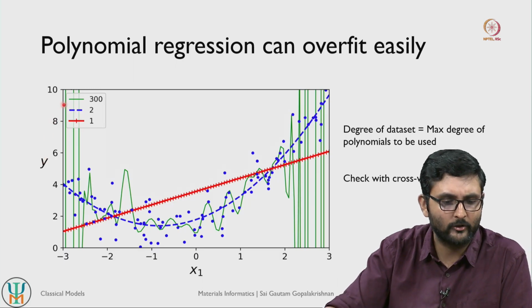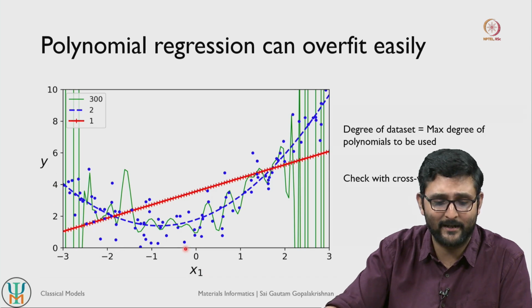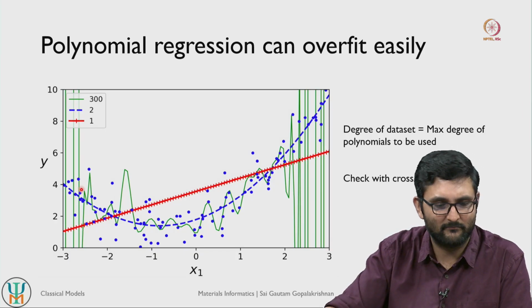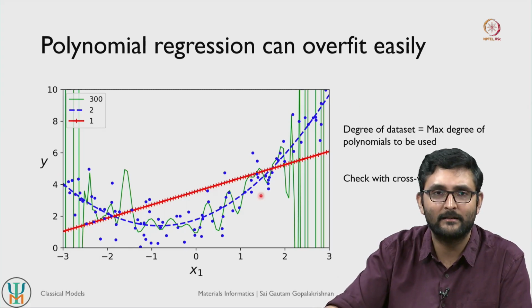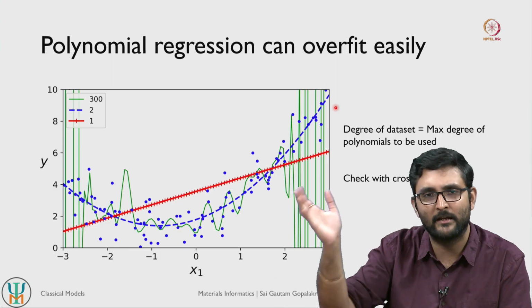So here I am plotting y versus x1. y is once again our target, x1 is our feature. The blue dots are the actual data points. If you look at the blue dots, they are roughly parabolic in nature. There are a few outliers, but the rough trend is parabolic, maybe a few deviations here and there.